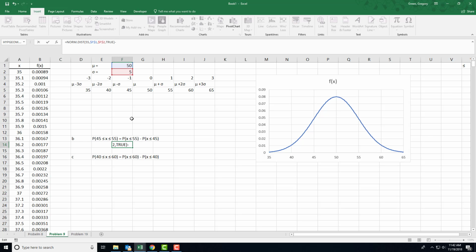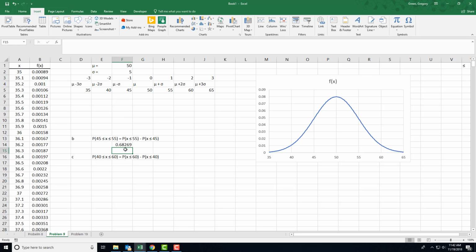I'm going to subtract from that the area to the left of the number 45. So 45, the mean is 50, the standard deviation is 5, and yes, I want the cumulative. So I want all the area from 45 and left. And notice it's what we expected.